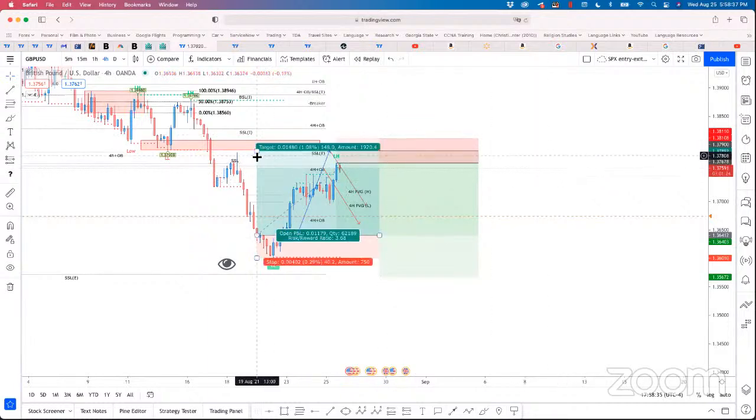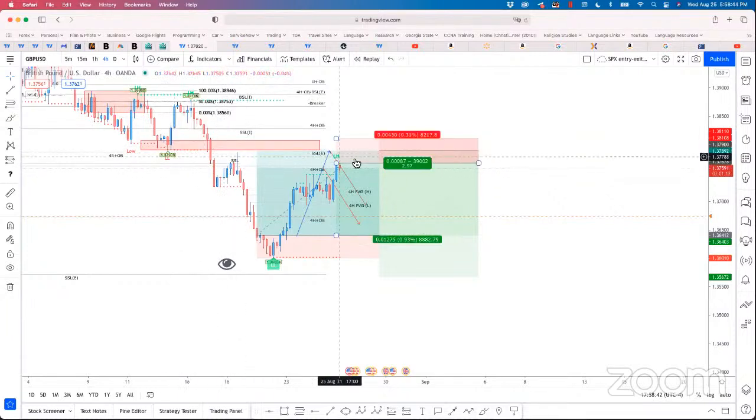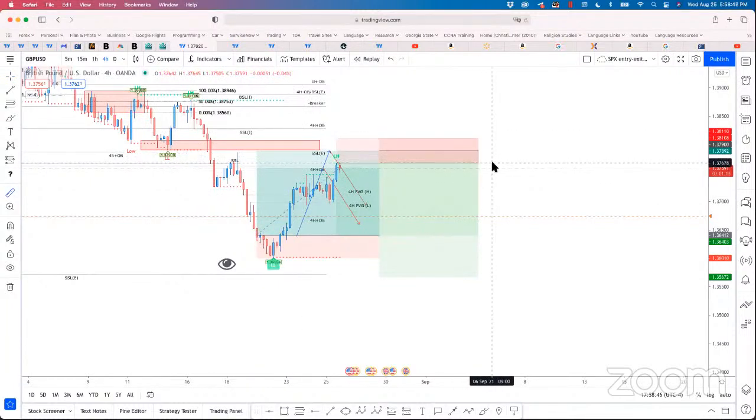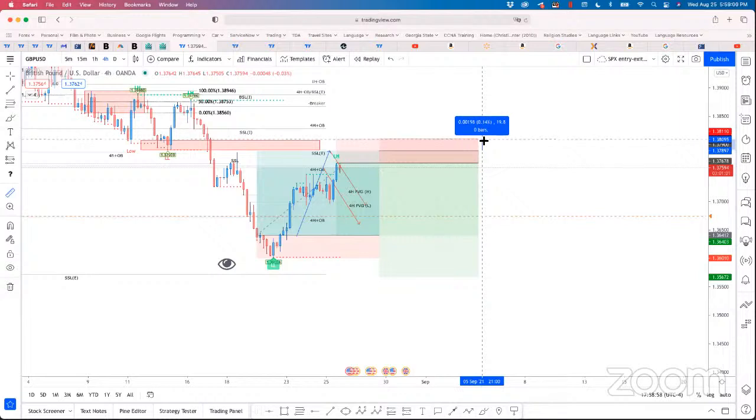So I'm looking at this area to reject from right here primarily. And if I get into any drawdown, at most, I would be looking at 40 on the first order, which I'll take the L on that one. And then over here, 19 on this one. So that's what I'm looking at on this.